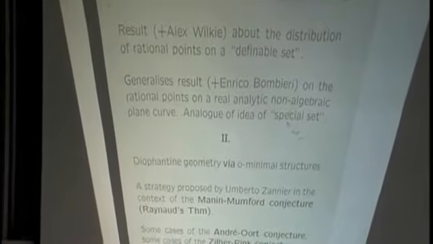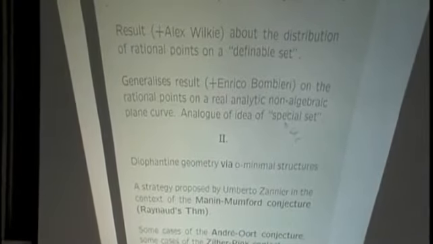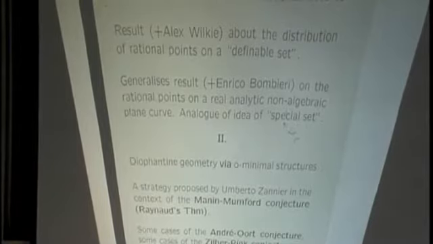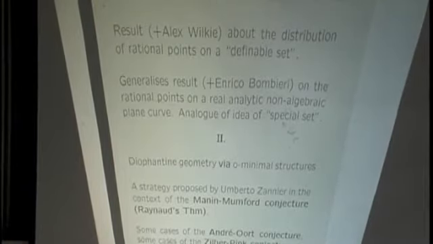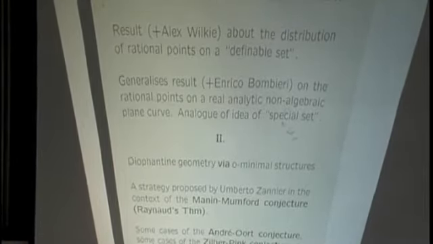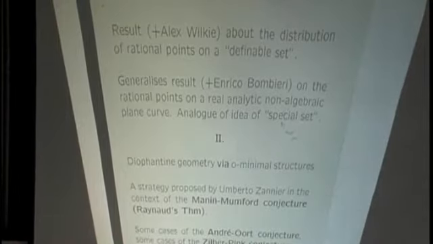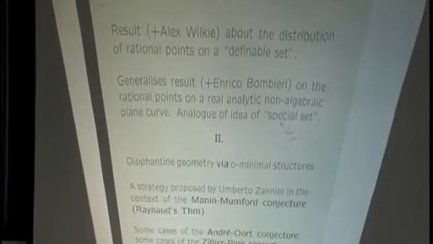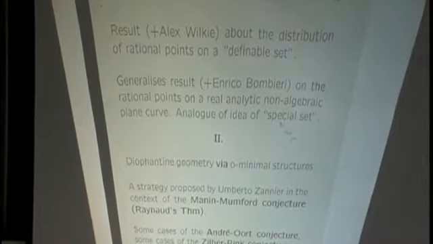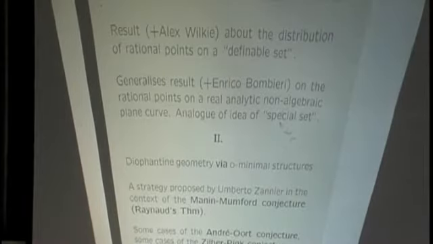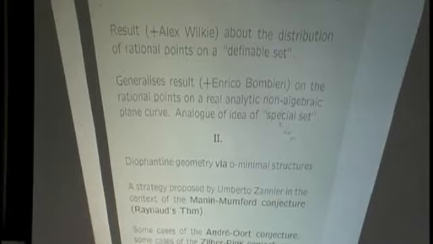And in particular, I want to mention a kind of analog of the idea of the special set in Diophantine geometry. And then the main part of the talk will be the application of that theorem to Diophantine geometry proper. And this was via a strategy proposed by Zannier for the Manin-Mumford conjecture.